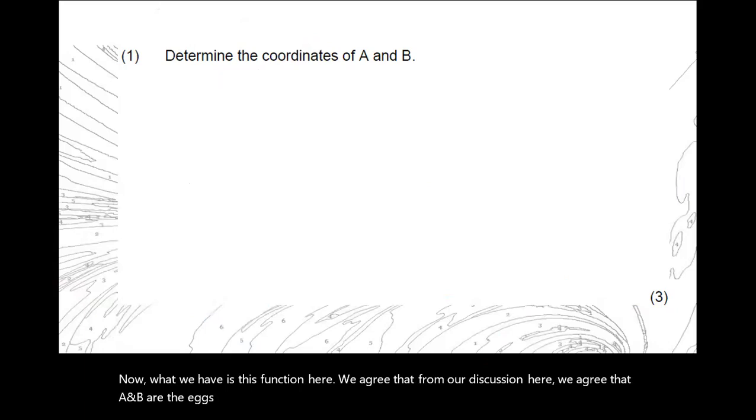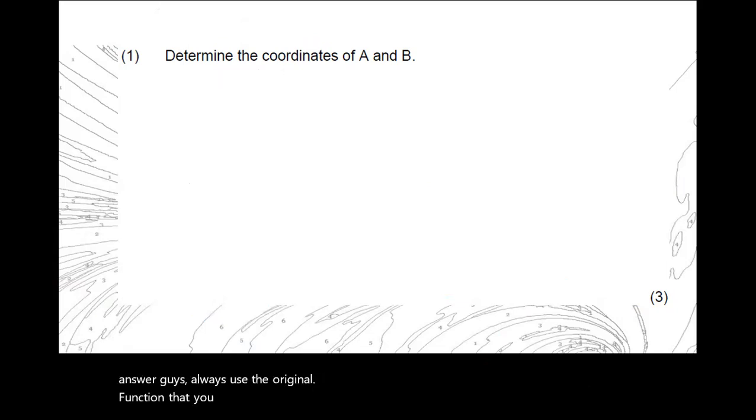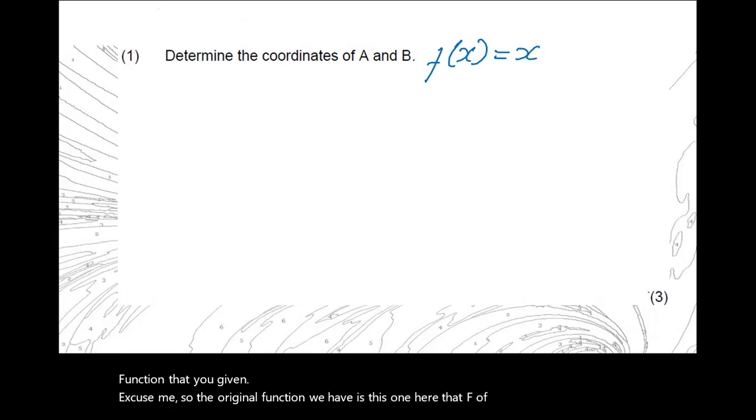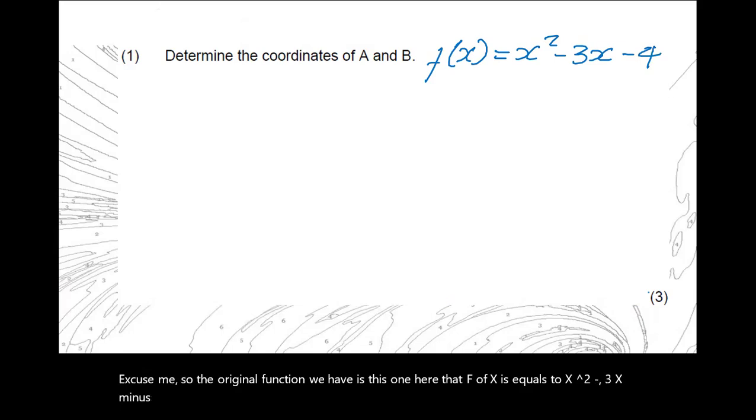So we're going to take the original. Whatever question you answer, guys, always use the original function that you're given. So the original function we have is f of x equals x squared minus 3x minus 4, right? But we know that A and B are the x-intercepts.